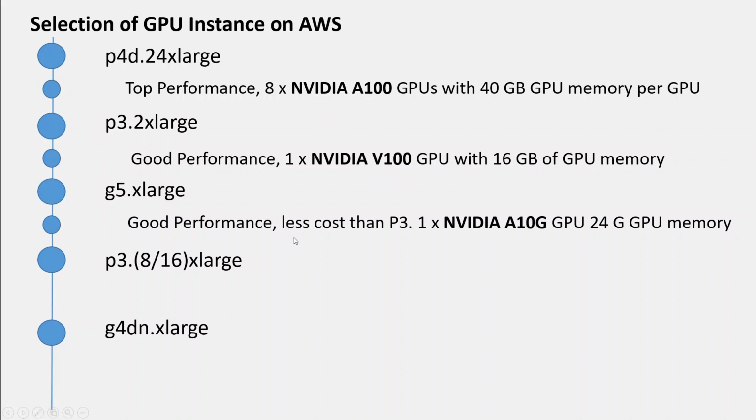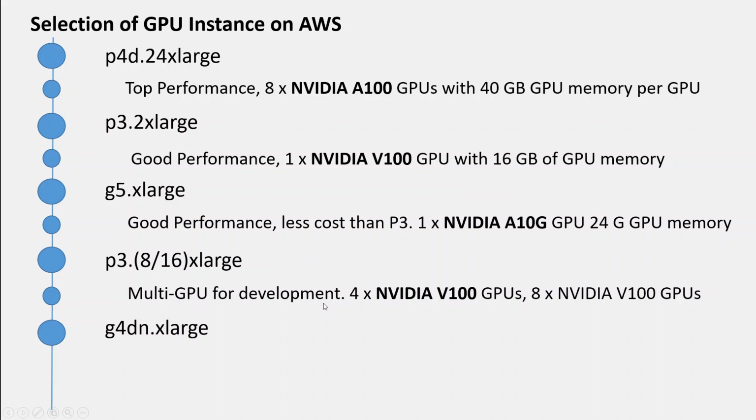Okay. Now, next comes again a P3 instance with two sizes, 8xlarge and 16xlarge. Now in this one again, as you can see, we have multi GPUs, but mainly P3 instances are used for development of large language models.